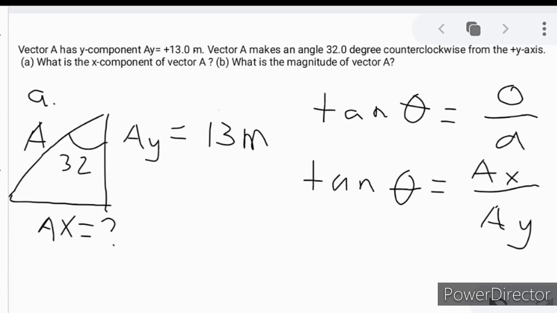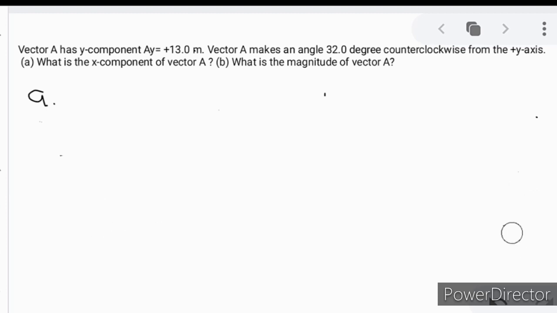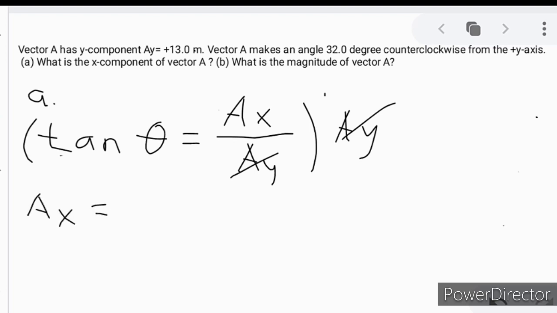Now, in order for us to solve, let us erase everything to have a solution. So let's rewrite the equation. Tangent theta is equal to A sub x over A sub y. Then let us multiply everything by A sub y in order for us to get the x component.